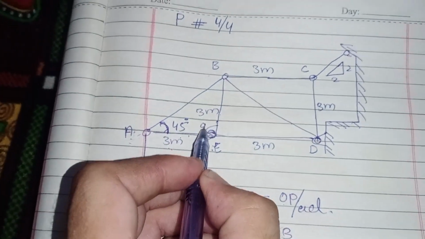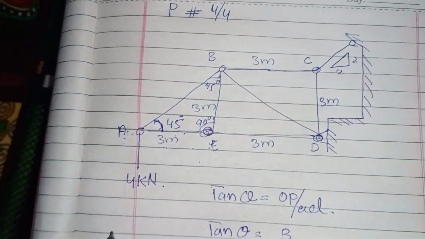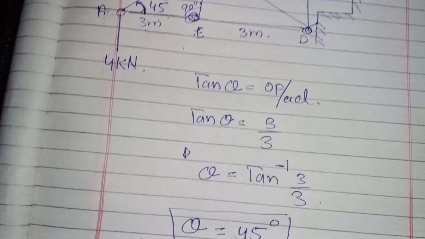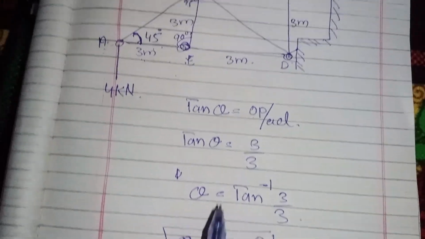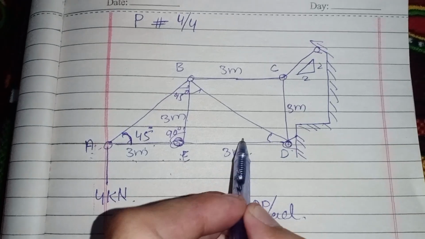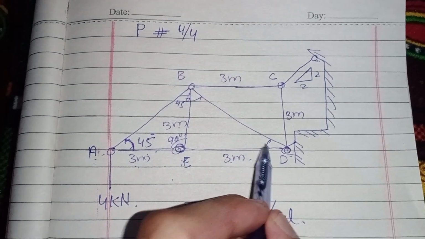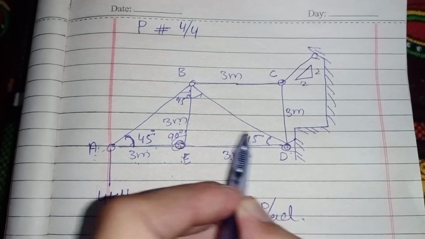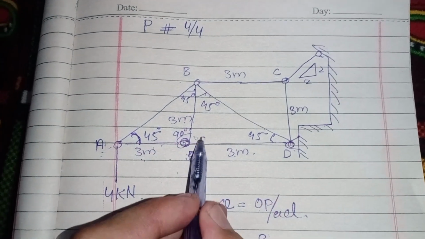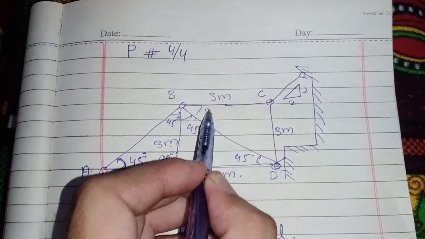This angle is 90 degree and this is also 45 degree. You can also use this formula for finding this and this angle. Because it's 3 meter and 3 meter, this angle will be 45 degree, and this angle also will be 45 degree, and this will be 90 degree.